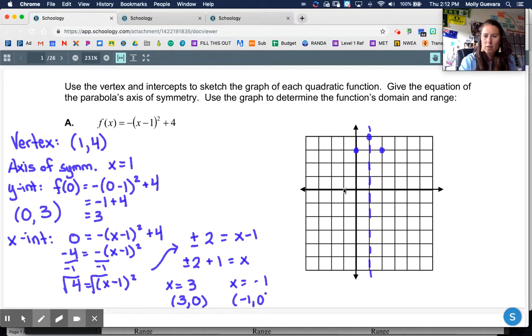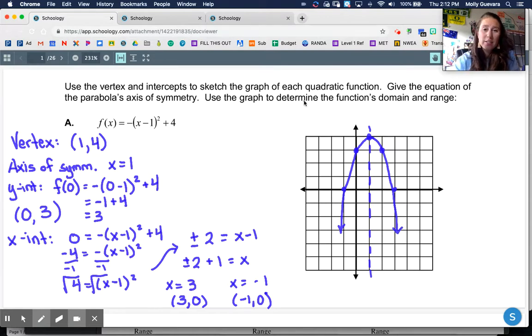If I graph those, here's negative 1, 0, and then 1, 2, here's 3, 0. And that's symmetrical, so that's really good news. Now I can draw it, working very hard to make that graph pretty, something like that.